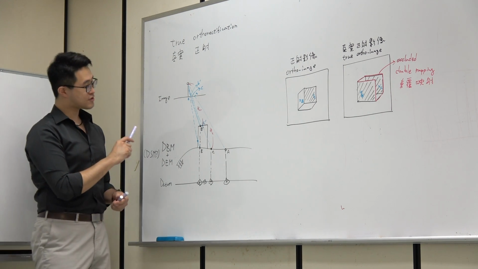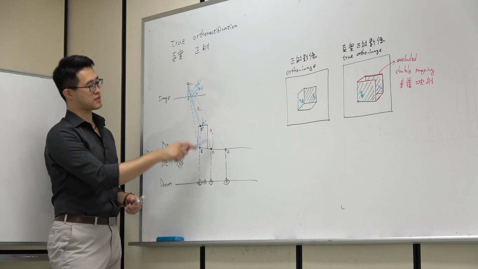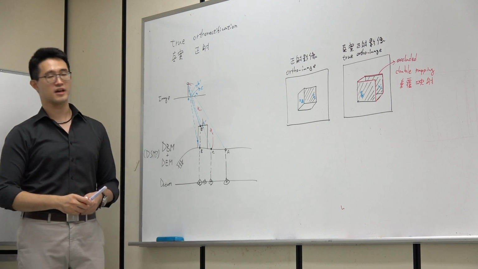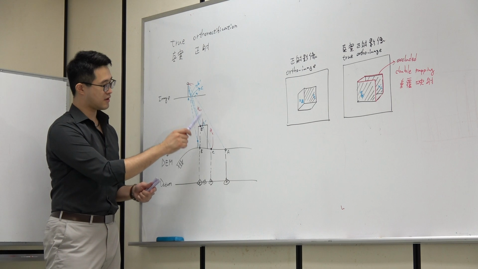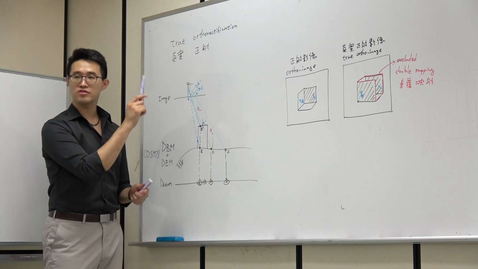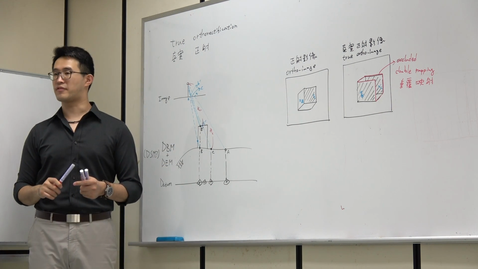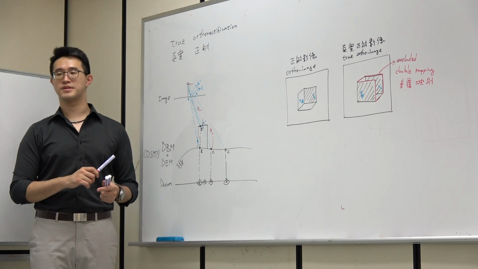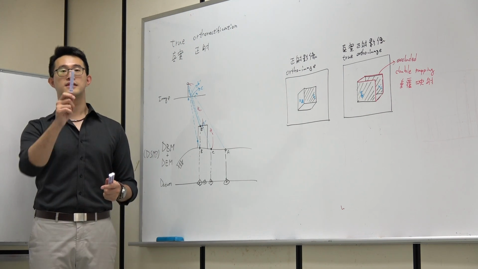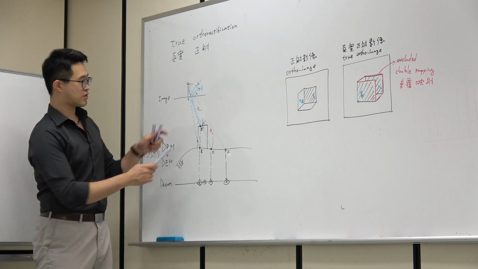Okay? As you can see, if we use the distance, then which one, the ZC plan or ZC, should we store in the Z buffer? So, which one should we store? The shorter one, yeah.